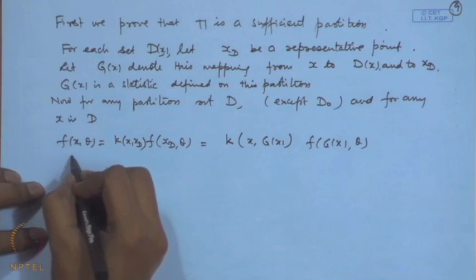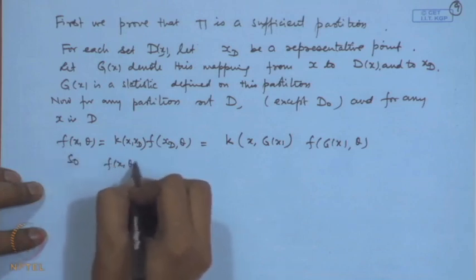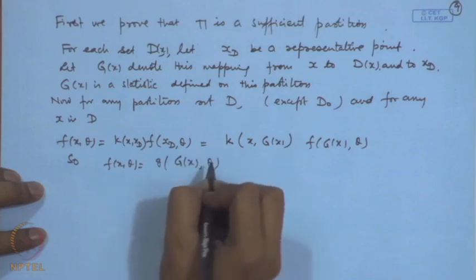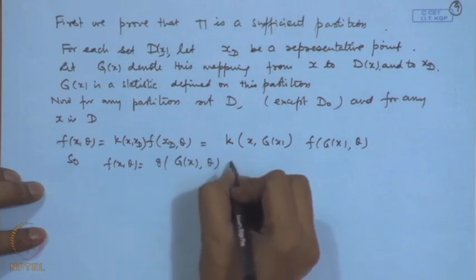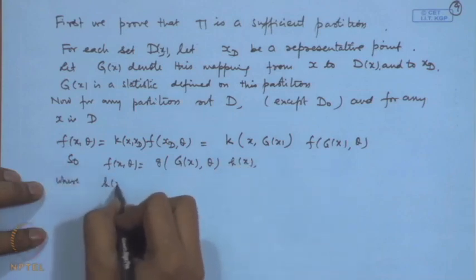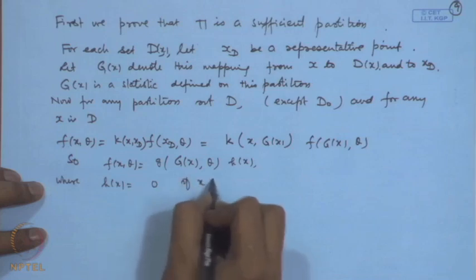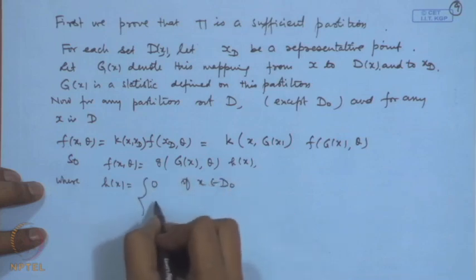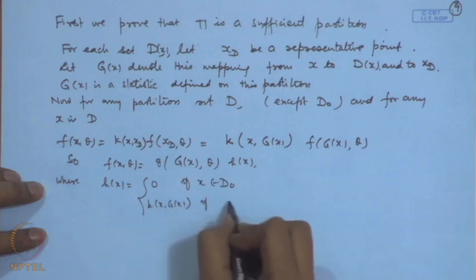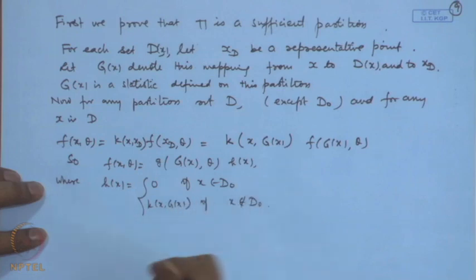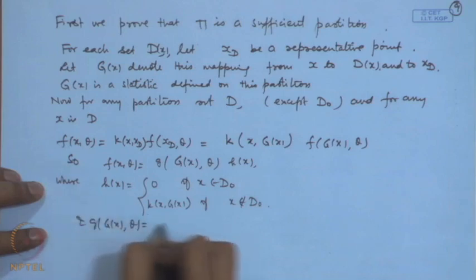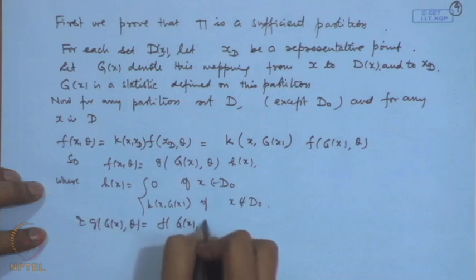which we can write as f(x, theta) is equal to g(g(x), theta) into h(x), where h(x) is actually 0 if x belongs to D naught and it is equal to k(x, g(x)) if x does not belong to D naught, and g(g(x), theta) is nothing but f(g(x), theta).